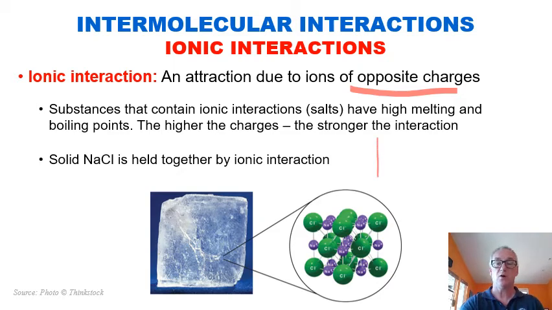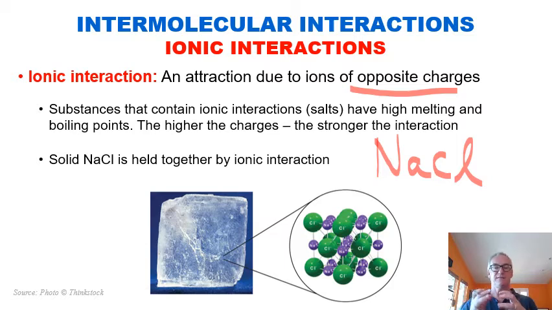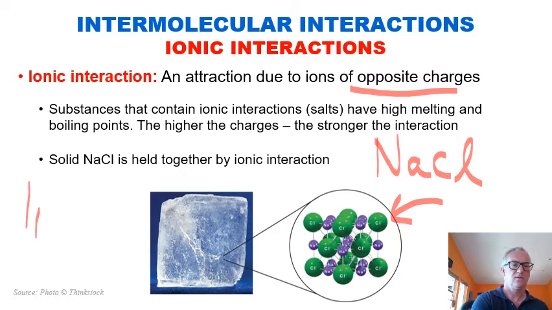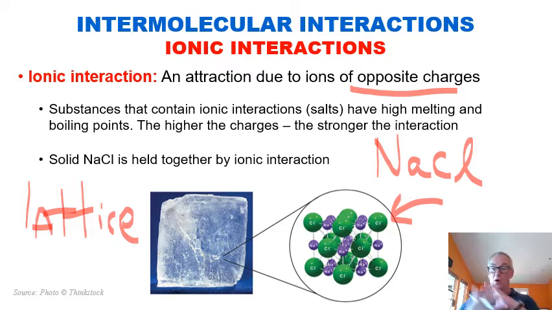So sodium chloride basically forms a network. You see this network of interactions all the way through, where you have smaller sodium ions next to larger chloride ions, and they form what's called a lattice, where all these charges hold the whole thing together.